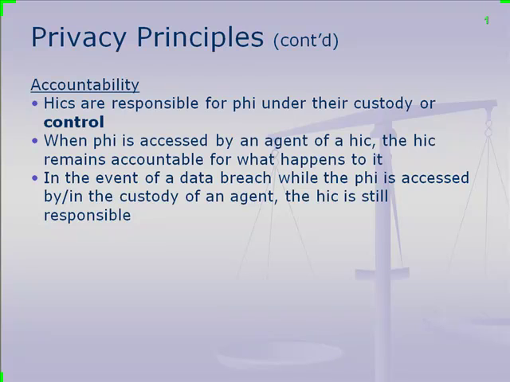And actually, this is kind of interesting, because the way PHIPA reads now, I think it can be interpreted that the commissioner doesn't have the authority to make an order against an agent only. Say, for example, a HIC provided PHI to an agent, and they've done an agreement, and the HIC has crossed T's and dotted I's.